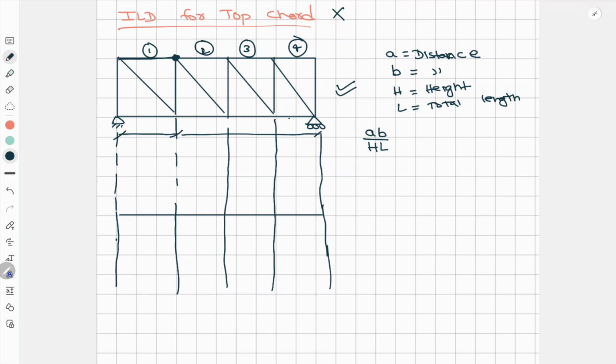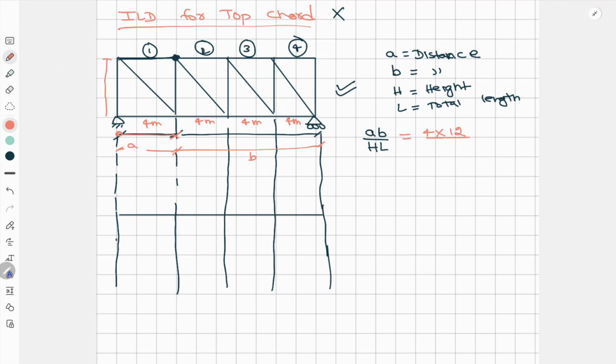Suppose in this question the length is 4 meters for all the members. Now A is the distance from here to here, because we are finding for member 1. So the A value is 4, and B is the remaining, so B will be 4 plus 4 plus 4, 12, divided by 8, the height.